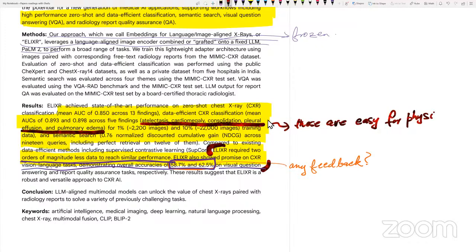Now, the second part of a radiological report is the clinical correlation, which is in the context of this patient's case or condition. What is this data likely referring to?